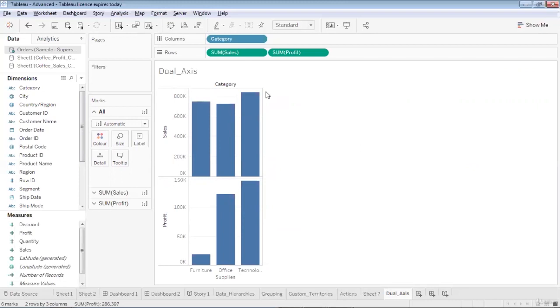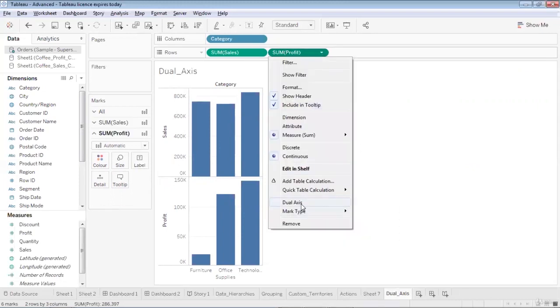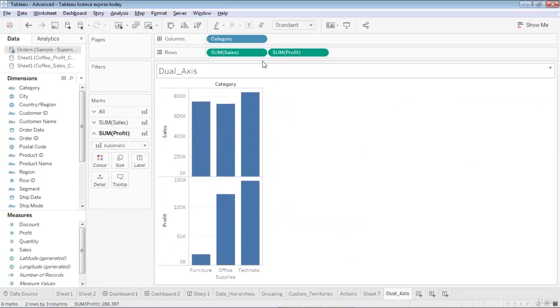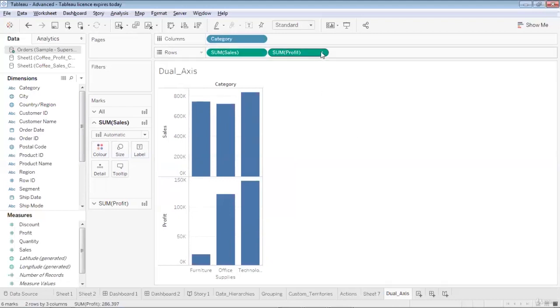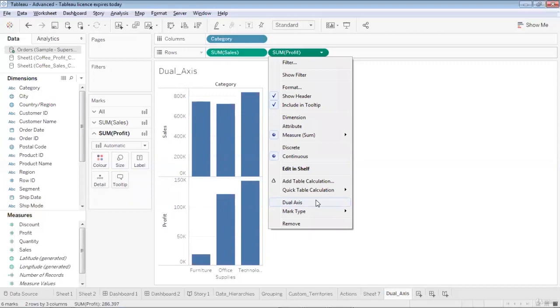For that, in the drop down of profit I get an option, dual axis. One thing to remember: if you look at these two pills, in the drop down of sum of sales you don't get an option to add a dual axis. But in the field sum of profit, you get an option to add dual axis.